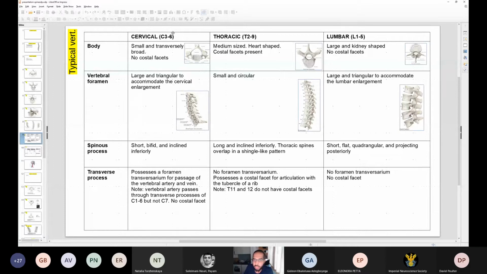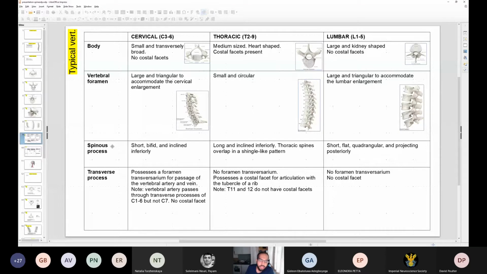Of course you have the ribs in the thorax, so you have costal facets on the surface of the thoracic vertebra. In terms of the vertebral foramen, we also said that they're large, and they had to be large because they need to accommodate the cervical enlargement. They're smaller and circular in the thoracic region, and they're again larger to accommodate the lumbar enlargement in the lumbar region.